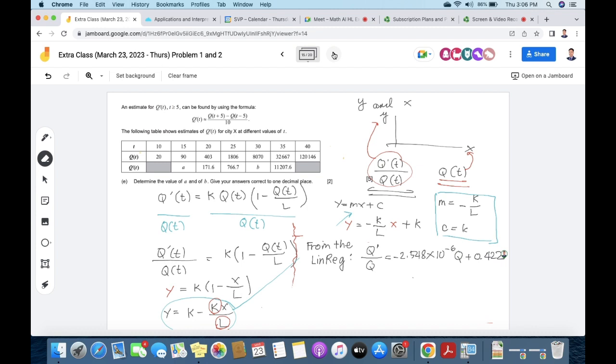Very good. This is the linear regression, the equation of the linear regression.